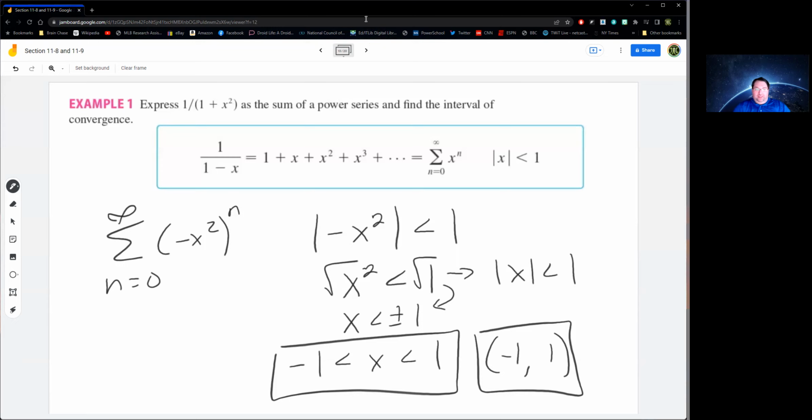All right. So in essence, the entire goal of this was we took the function 1 over 1 plus x squared. That was my f of x. And I've now said my f of x equals that series.